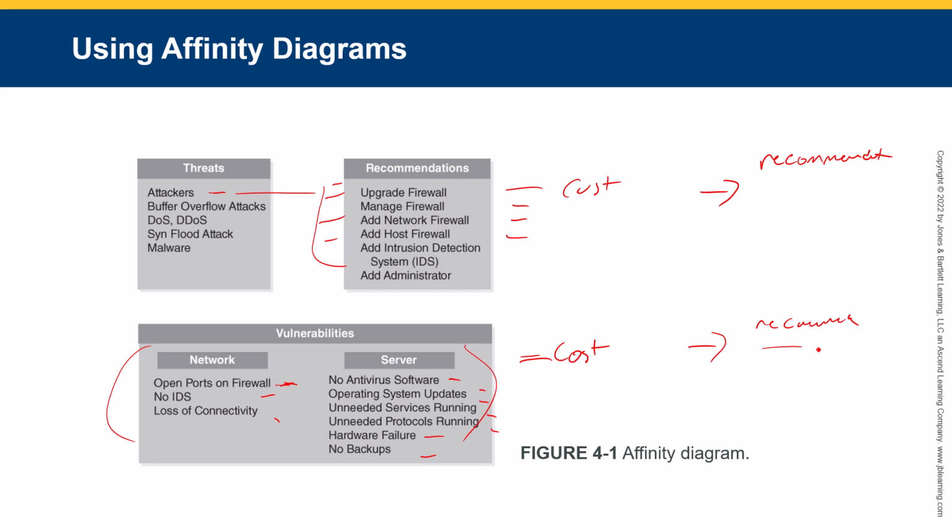So, like open ports. Here are the different risk items that we could do, and each one of those would have an associated cost, and then one of those associated costs would be the recommendation that we would be making.